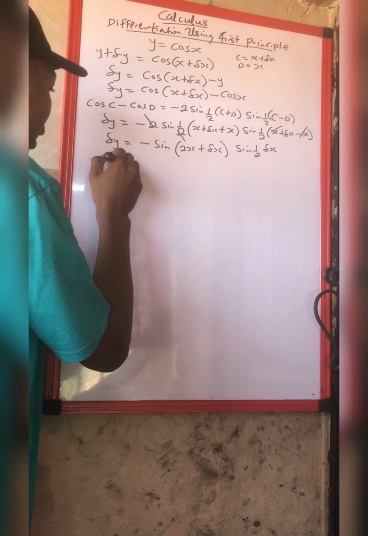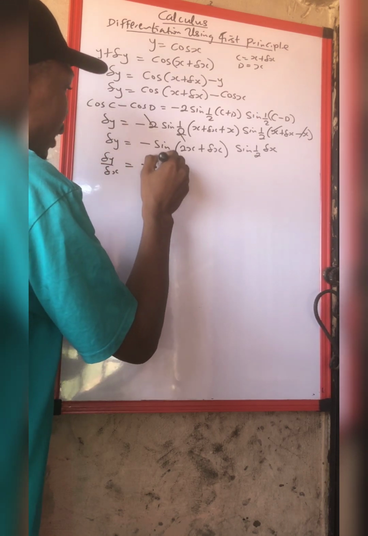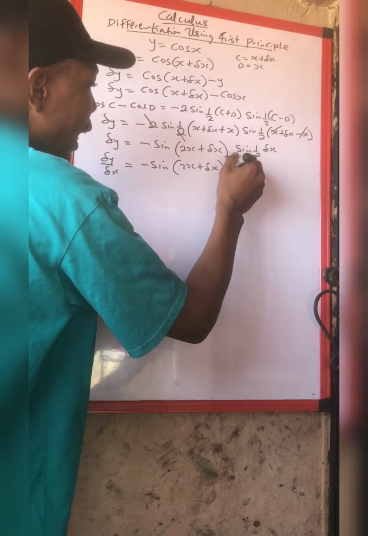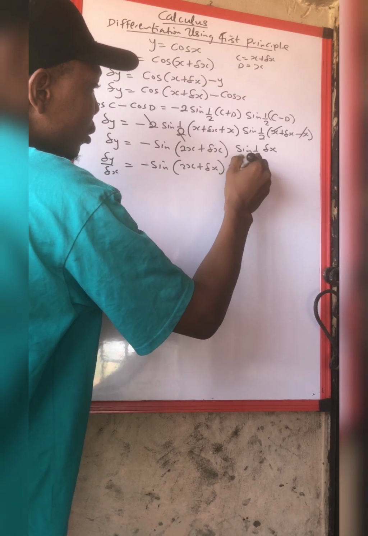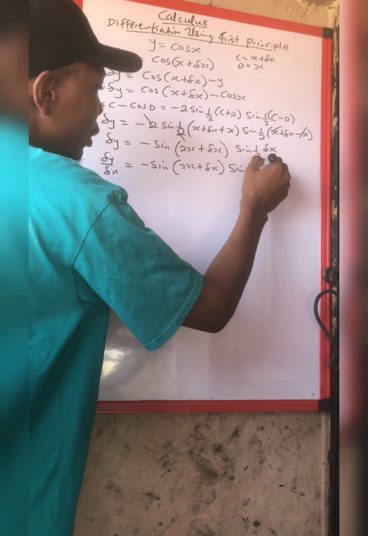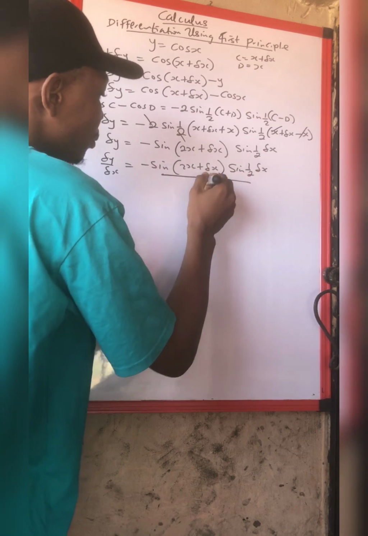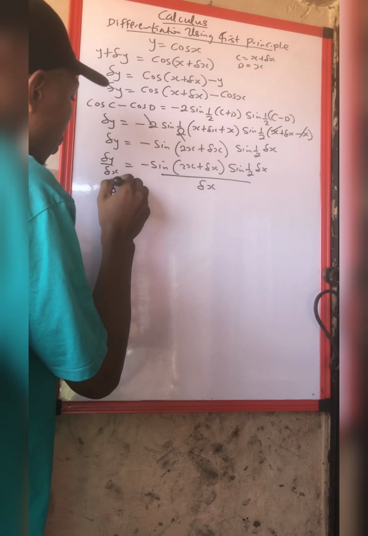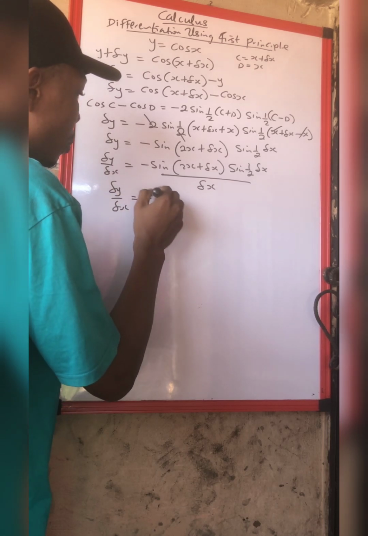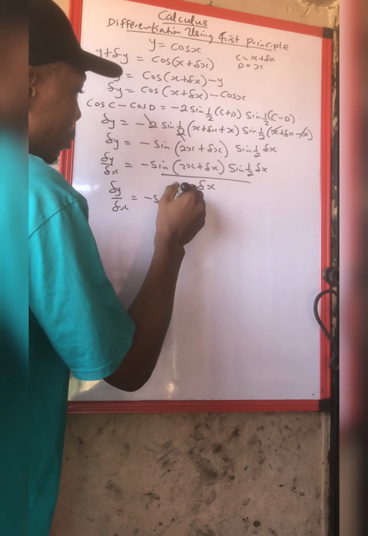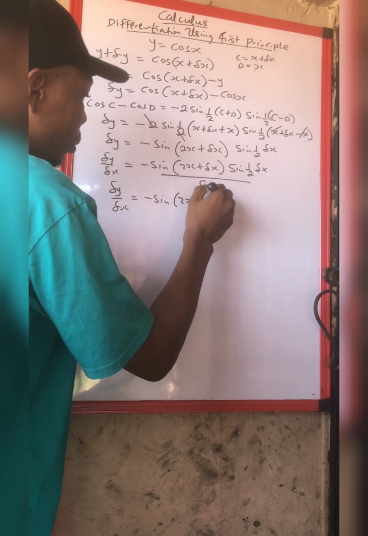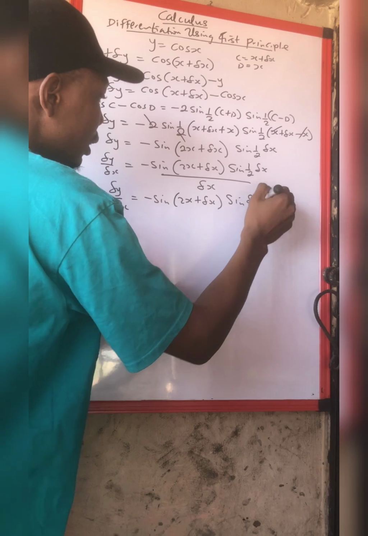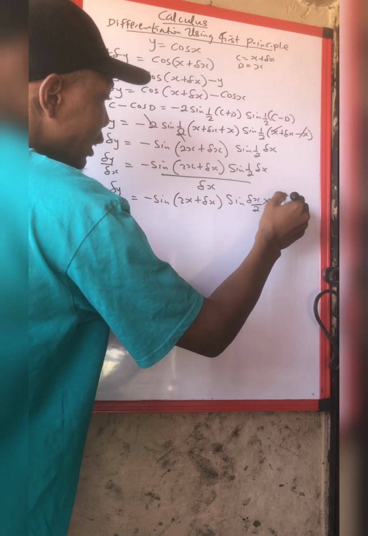So it becomes change in y over change in x equals minus sin(2x plus change in x), then sin of one over 2 change in x, all over change in x. So from there it becomes change in y over change in x equals minus sin(2x plus change in x), then sin of change in x over 2, times 1 over change in x.